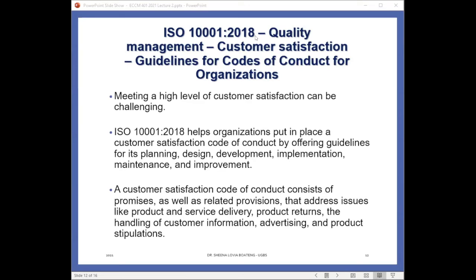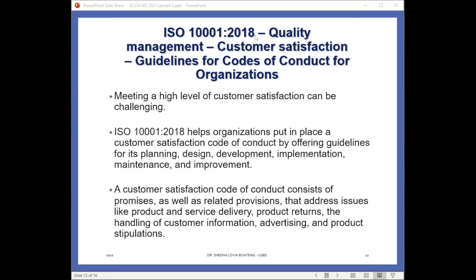So the ISO 10,001 2018 talks about quality management as it relates to customer satisfaction, and then specifically the guidelines for codes of conduct for organizations. So that means that ISO 10,001 deals with guidelines for codes of conduct in organizations when it comes to customer satisfaction.